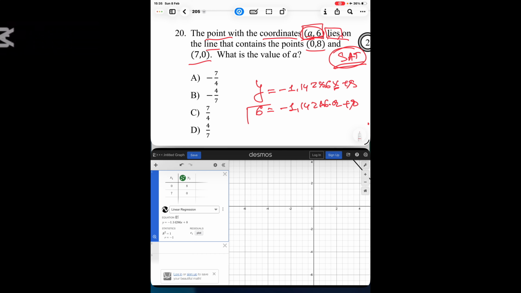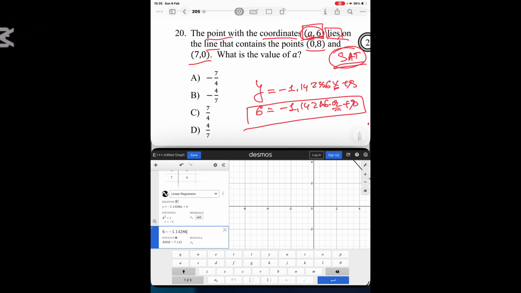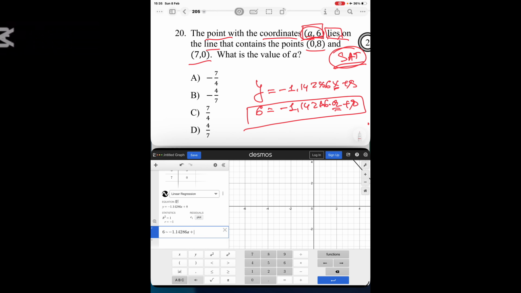When you work it out yourself, it takes so much time. Just use Desmos again. Write 6, insert this sign, because a is a constant expression here, equals minus 1.14286 multiplied by a plus 8. So it says that a equals 1.75, right?